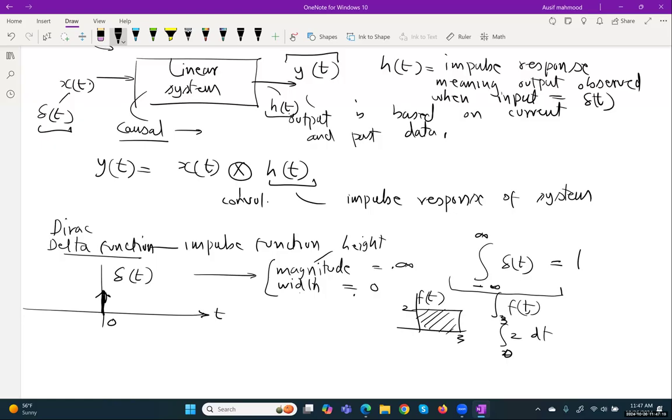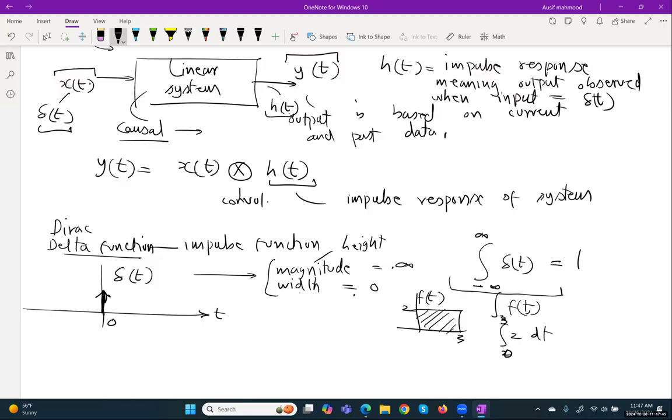So let's pretend you were given a system, and you feed in an impulse and you find the output, whatever that output is. We call it h of t. Now you are given a goal. What if I give it some new input x of t?